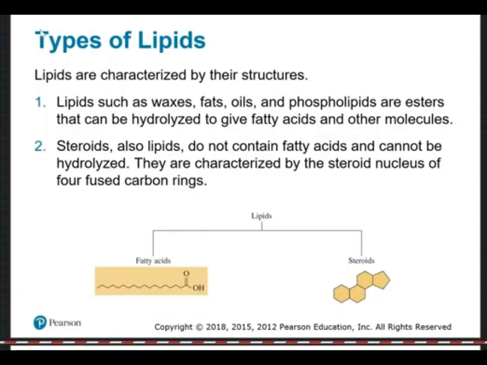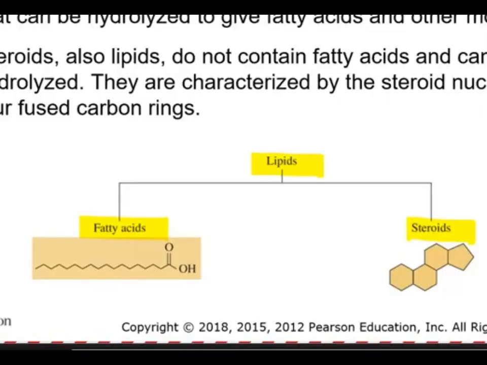So as we discussed, lipids can be broadly divided into two groups: fatty acids and steroids. So waxes, fats, oils, and phospholipids are esters. You can see that this hydroxide group can form an ester with an alcohol.